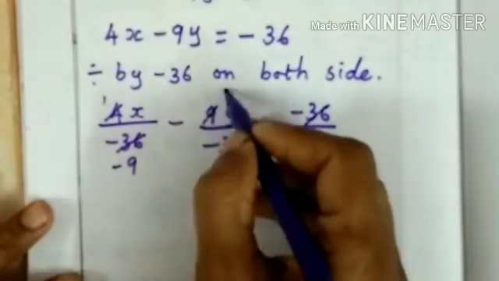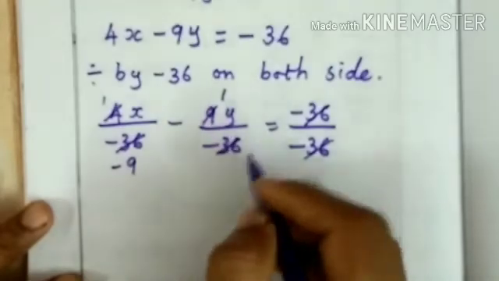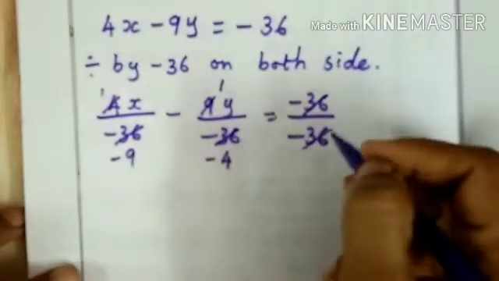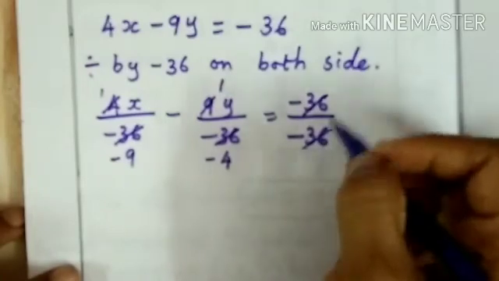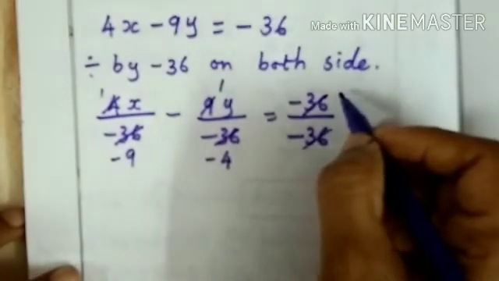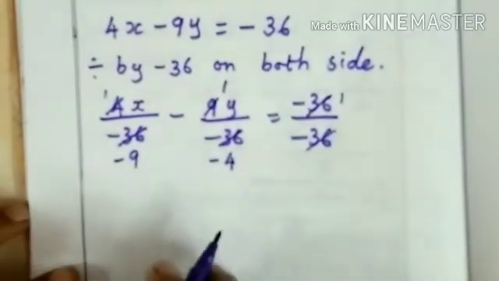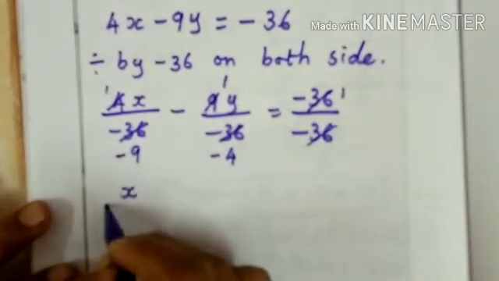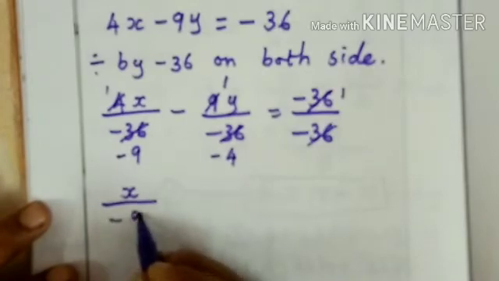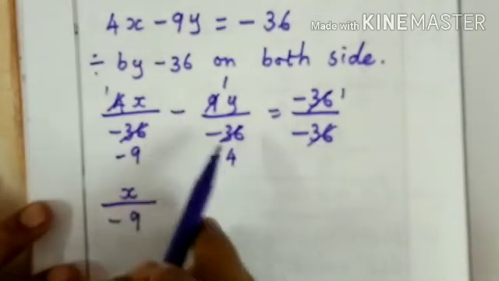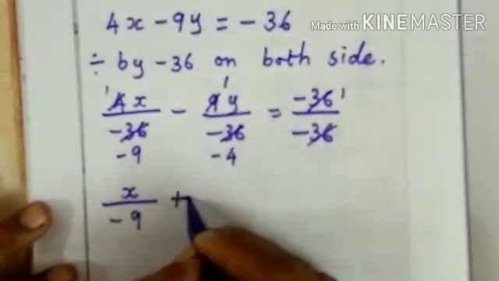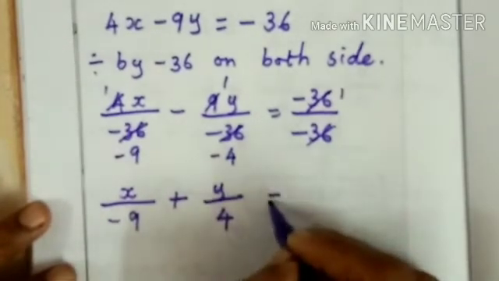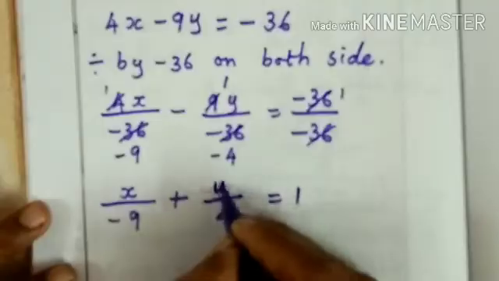Here 9 times 4 is 36, that is minus 4. Here 36 and minus 36 cancel and we get 1. Now you have to write x by minus 9, here minus into minus is plus, y by 4 is equal to 1.